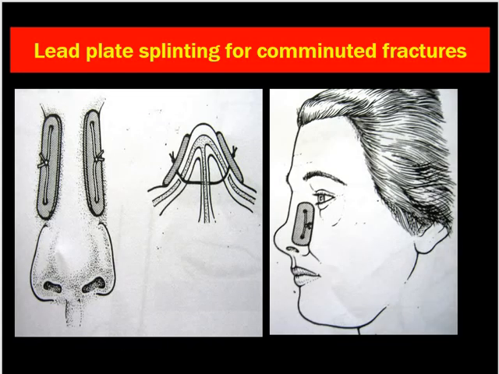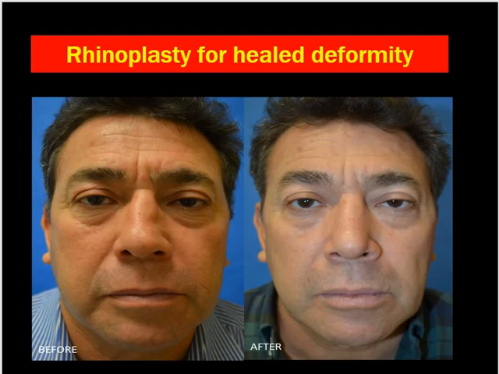When there is comminuted fracture, then we can use lead plate splinting or multiple splints. When the patient has a healed fracture nasal bone with external deviation, displacement or disfigurement, the patient has to undergo rhinoplasty, and this corrects the fracture nasal bone of long duration.